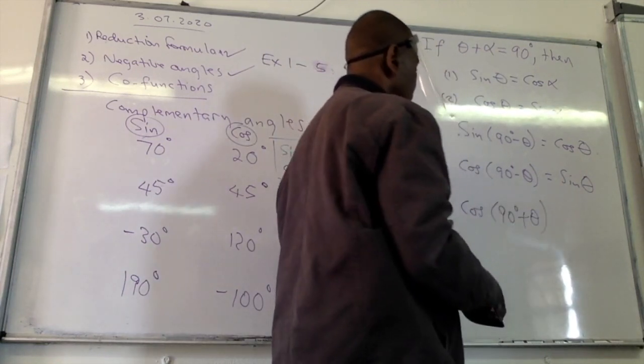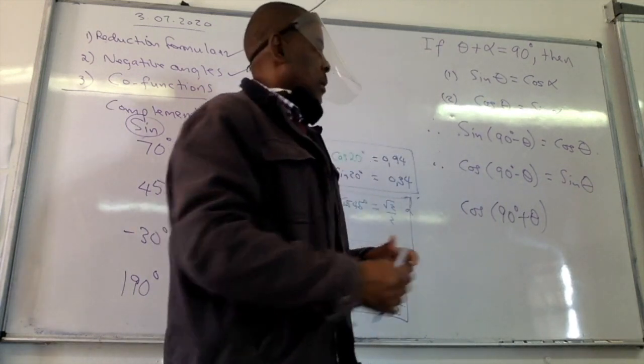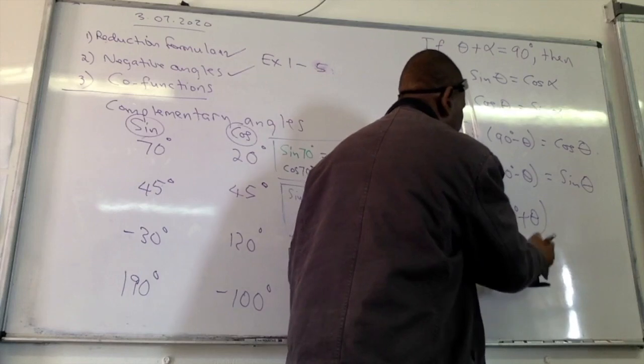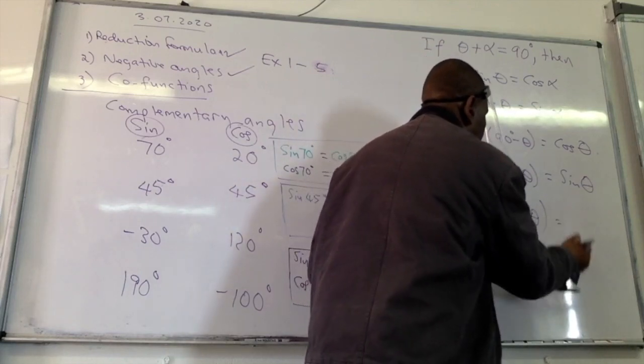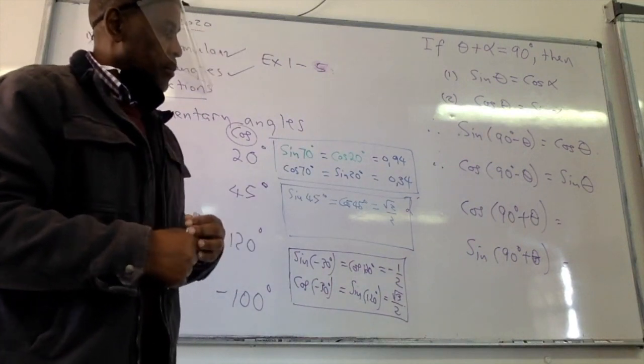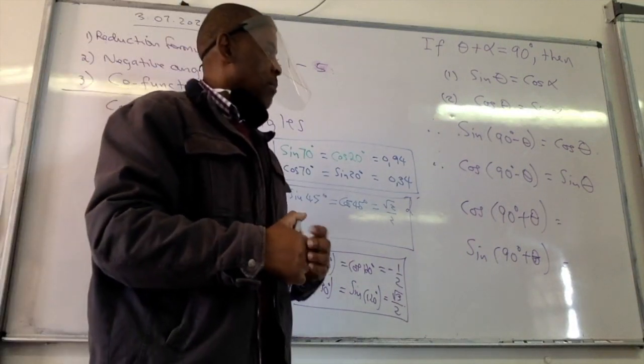And so we'll come to this one here. 90 plus theta. What do you think cosine of 90 plus theta is?